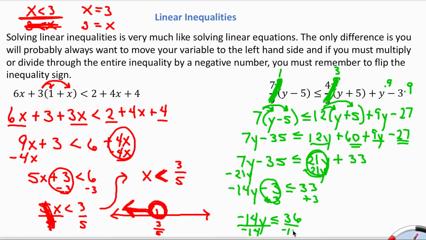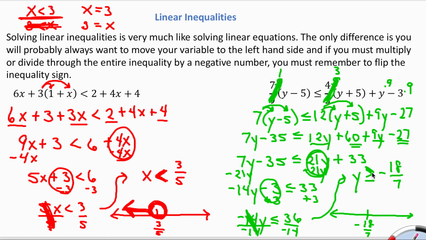Now, because I'm dividing by a negative, I have to flip that sign. So I've got positive y, not less than, but greater than or equal to negative. And both of these are divisible by 2, so I can simplify that fraction and make it 18 sevenths.